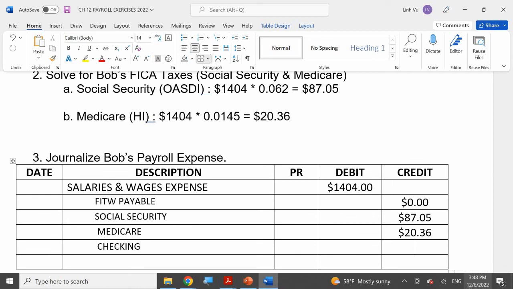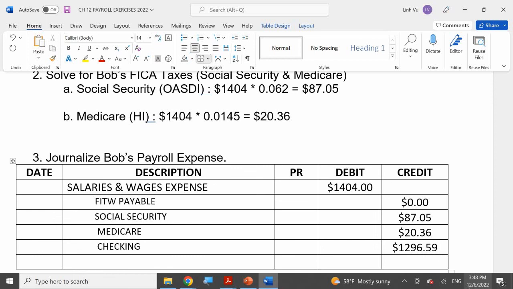So therefore, how much are we going to be writing out and cutting a check for Bob for his paycheck? Okay? So in this case, we need to figure out what 1,404 minus 87.05 minus $20.36 is, to get a grand total of, he's going to walk away with $1,296.59.